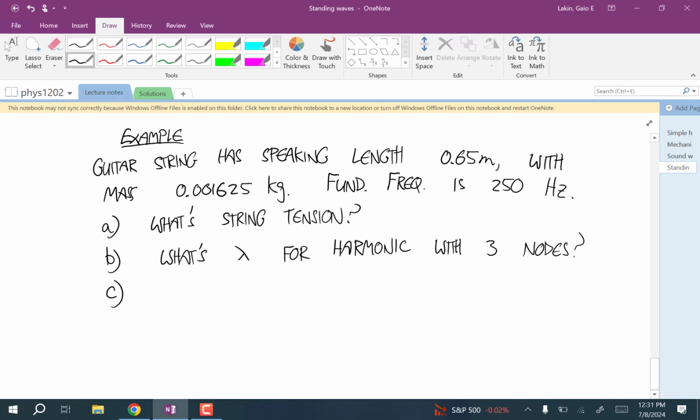And then third, if you now put your finger somewhere on this string to shorten its speaking length, what's the fundamental frequency of a note with a speaking length of 0.45 meters?